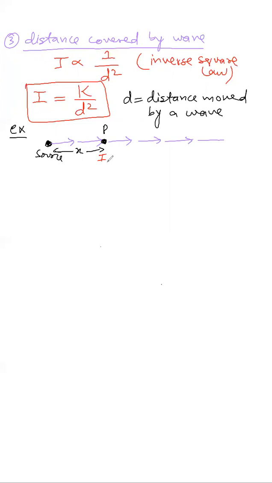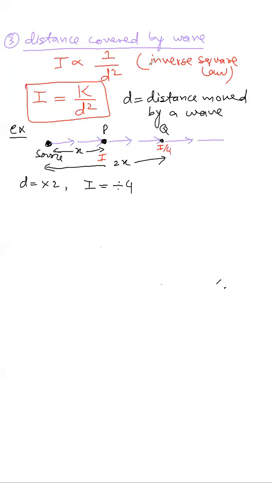Then if it moves further to another point Q at a distance of 2x from the source, what would happen? As the distance is increased 2 times, according to the relation, the intensity is going to decrease by 4 times. So the new intensity at this point would be I by 4.